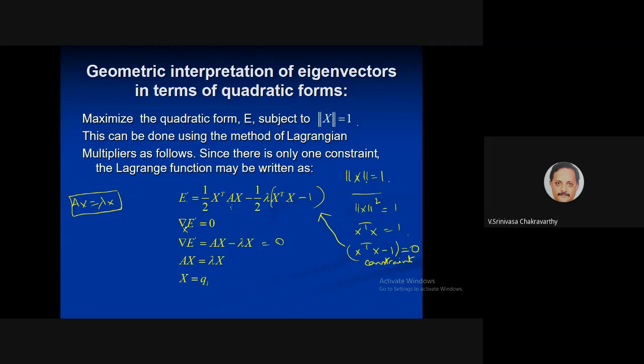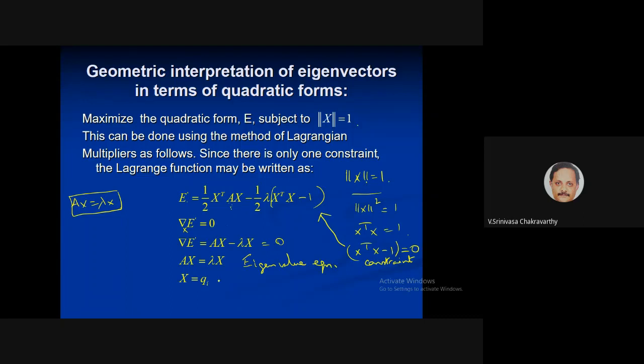Because lambda is just a factor, you can put whatever you want here. So I say del E prime with respect to x is equal to 0, this first equation. Differentiating with respect to x, the first expression simply becomes Ax, and the second expression simply becomes lambda x. So I get Ax minus lambda x equal to 0, or Ax equal to lambda x. This is your famous eigenvalue equation.